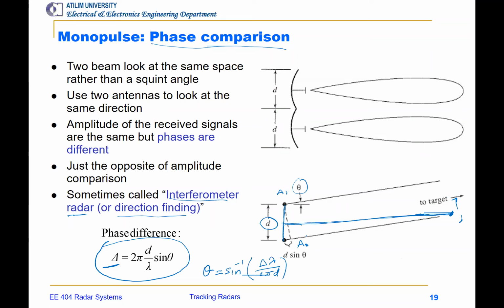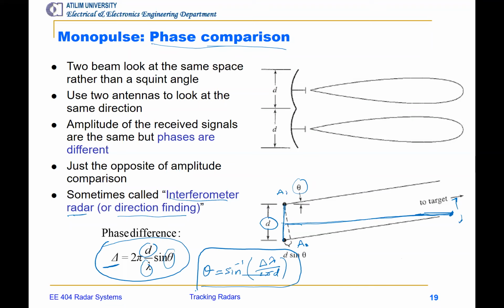So if I measure the phase difference, then I can determine the angle from this formula. The idea is quite easy. We measure the phase difference and then use this formula. I know d, I know lambda, these are fixed. Since these are fixed, I can determine theta from this formula. Okay?